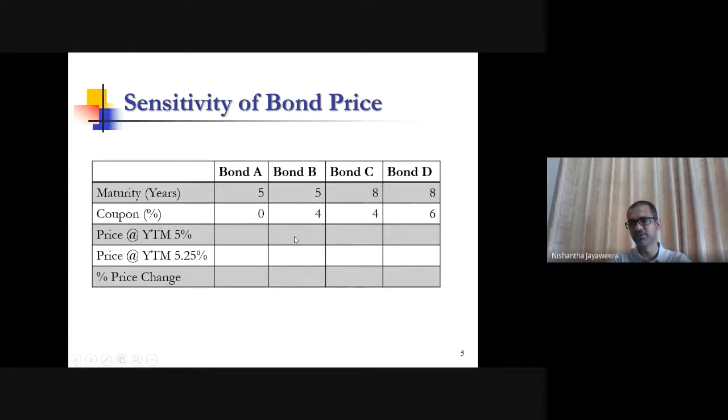Decreasing, right? Yes, there should be a price decrease. Then this is again what you can see. Coupon 6%, whereas the yield to maturity is 5.5%, less than the coupon. So you should get a premium price, more than 100.